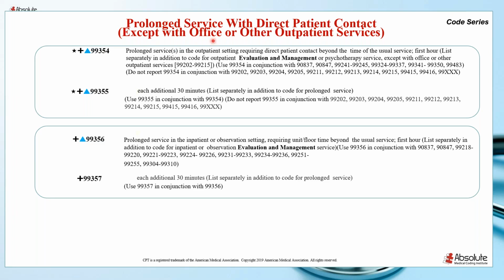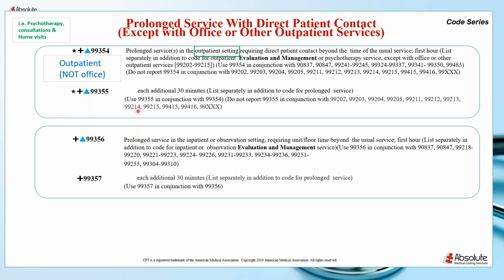You don't use these for the office or other outpatient services. So you're saying, well, if you don't use it for the office, what do you use it for? If you read the code, it'll tell you every single encounter you can use it for and not use it for. But in a nutshell, this is outpatient setting, not the office. Psychotherapy visits, consultation, home visits, you can use these prolonged services codes.